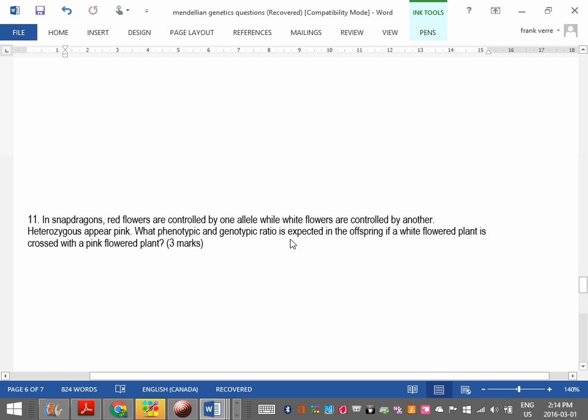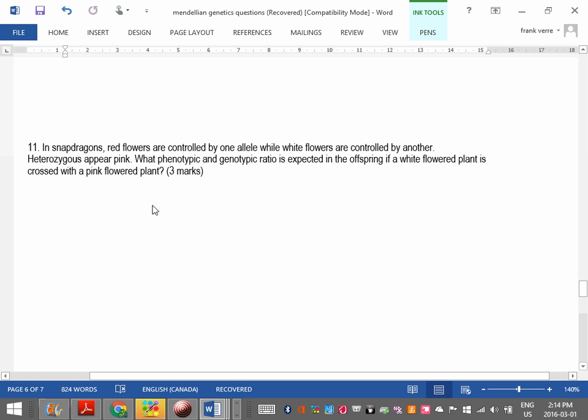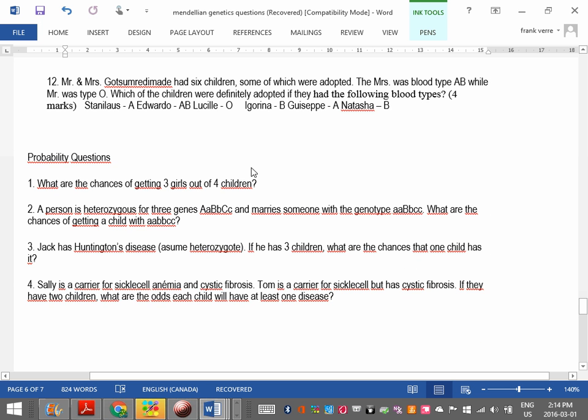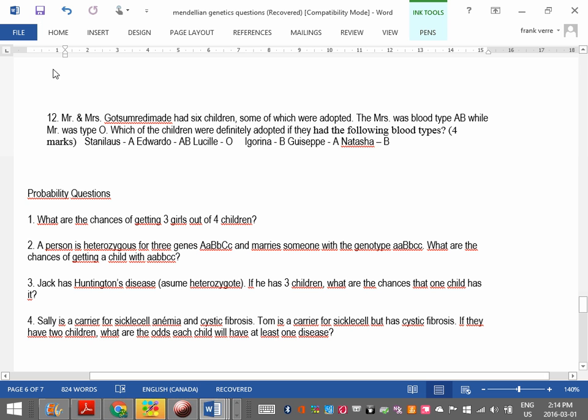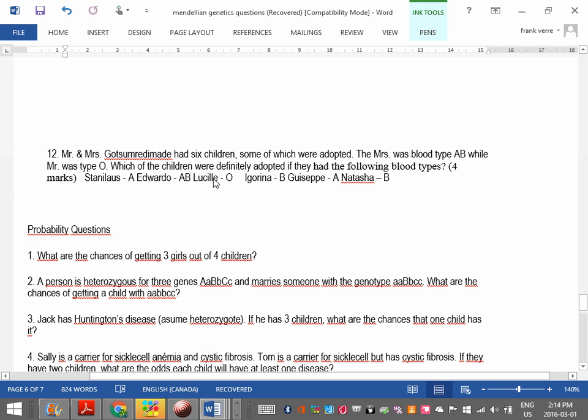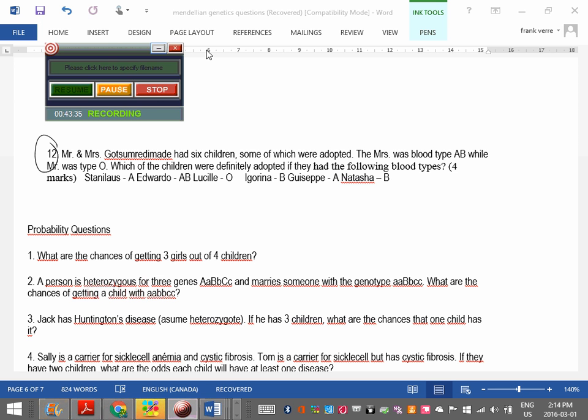And then you have this question where you get something pink from red and white. What is that? That's blending. And then here is a question about whether possibilities. So whether or not you could have the following children. You got to figure out which ones are possible by the blood type. So I'll leave these up to you guys to go over, okay? So let's stop there because that was quite long.